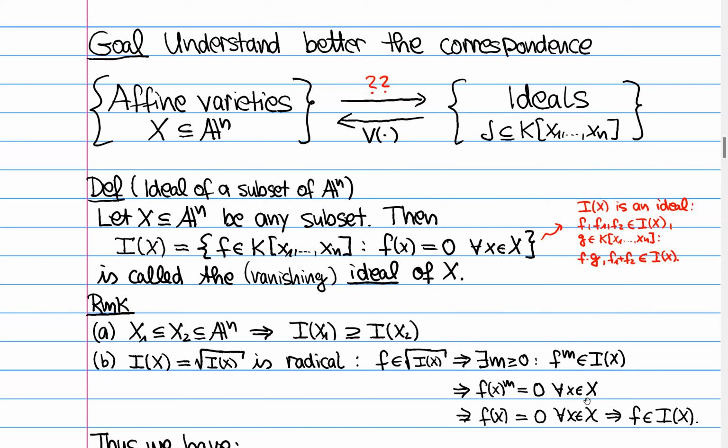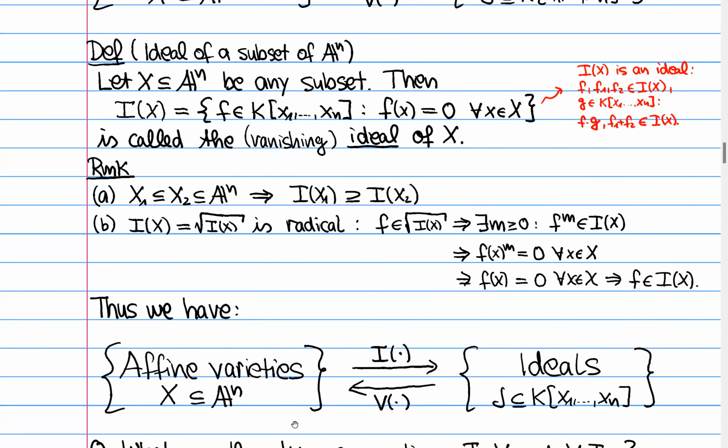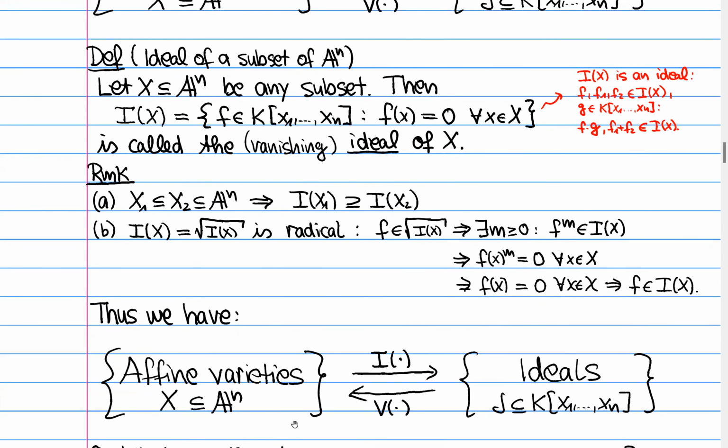But again, we work over fields, so the power of some element is 0 if and only if the element itself is 0. So we can get rid of the power, but then this equation here is just equivalent to f being in the ideal of X. So we see that all of these things are radical ideals, and this will come up in a second.